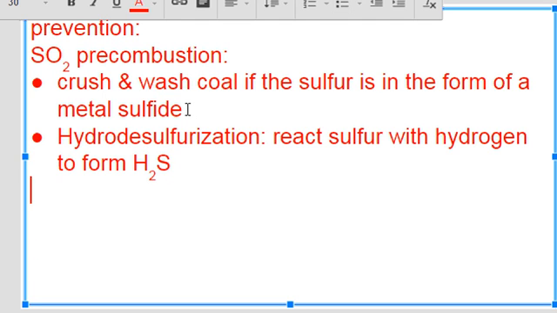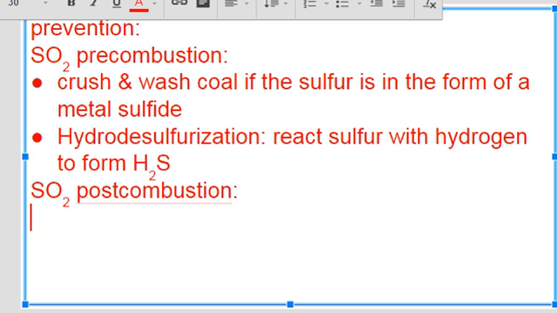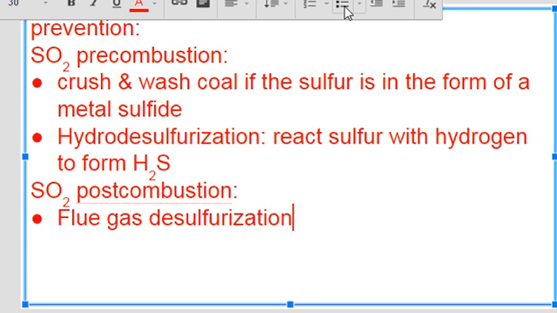There's also an option to remove SO2 post-combustion. And the common way to do that is called flue gas desulfurization. Now, if you've read any of the Harry Potter books, you know the flue is the chimney. So we're talking about the smokestacks that you see around a coal burning plant.